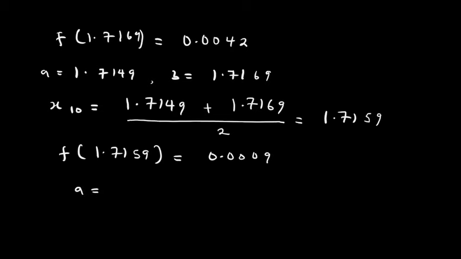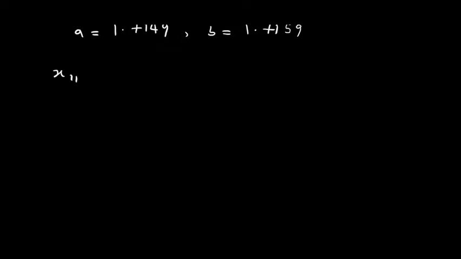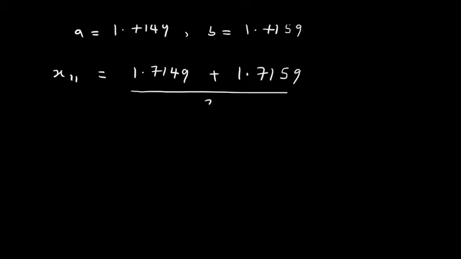So the next two guesses will be A is equal to 1.7149, B is equal to 1.7159. x11 is equal to 1.7149 plus 1.7159 over 2.